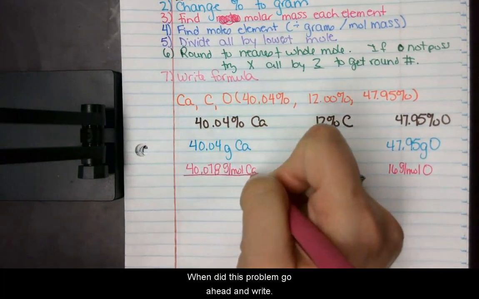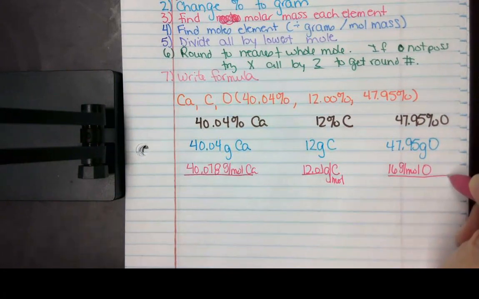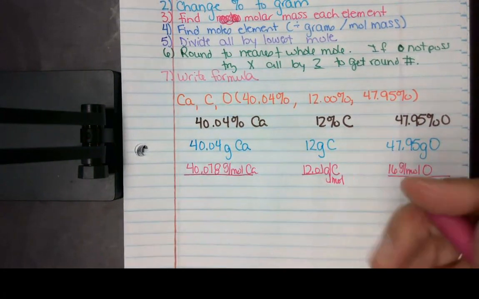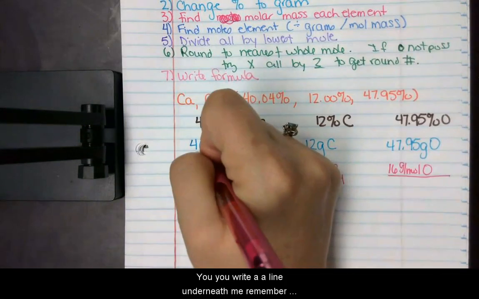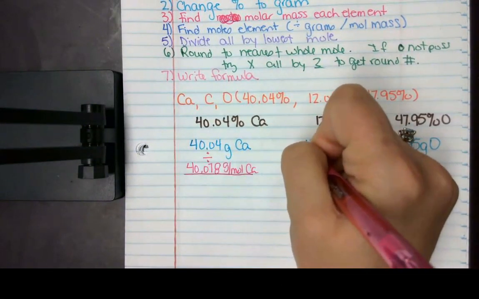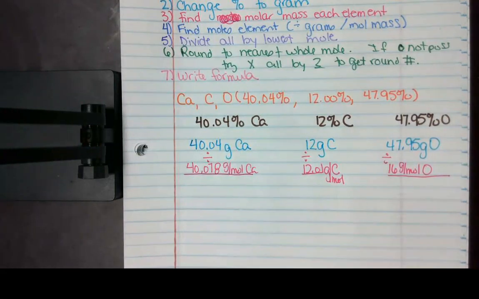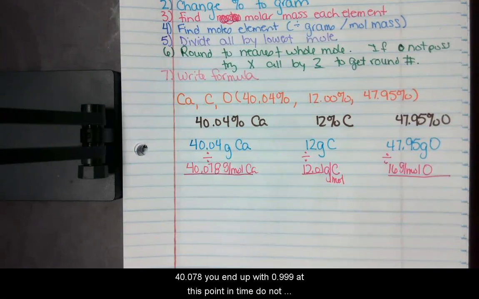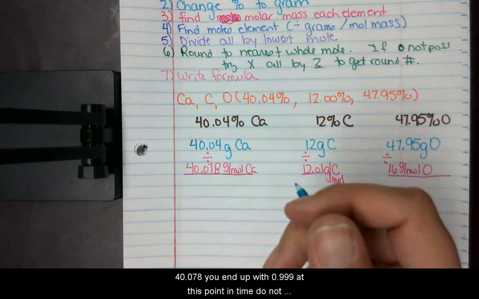Under this problem, if you're doing the setup that I'm doing, you write a line underneath, and then you remember you're dividing down. So 40.04 divided by 40.078, you end up with 0.999.